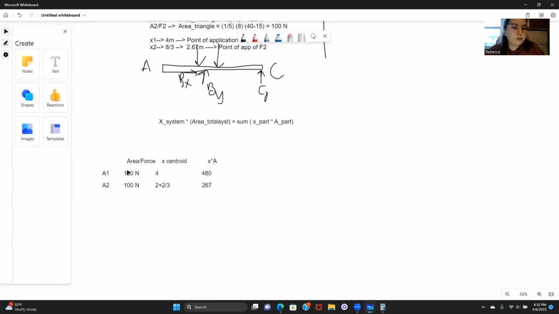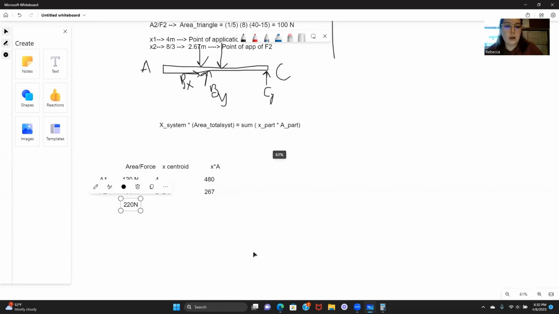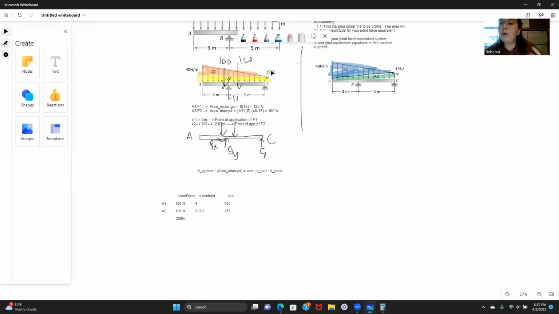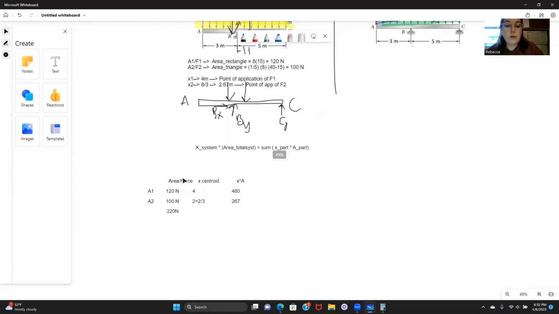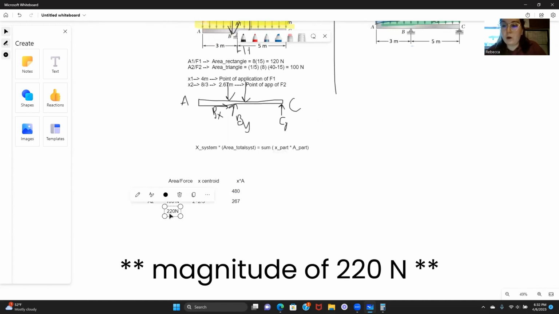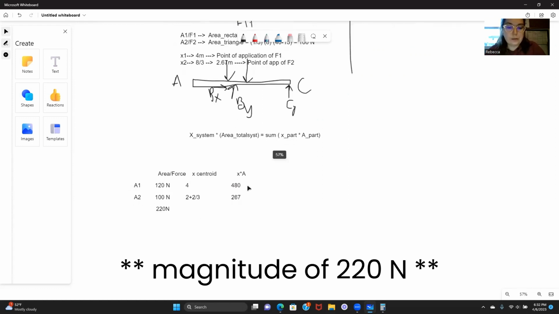So this value is going to be the sum of these two values. So it's going to be 220 newtons. It's also going to be our summation of forces in y, just for the point force equivalent. So if we were to turn both of these into a single point force equivalent, it's going to be a magnitude of 220 newtons.